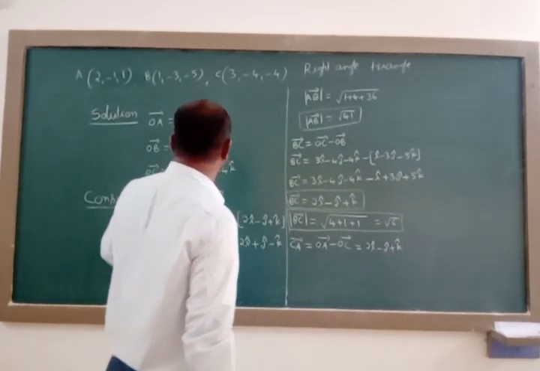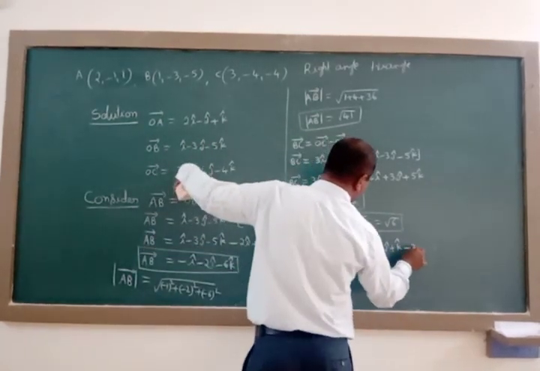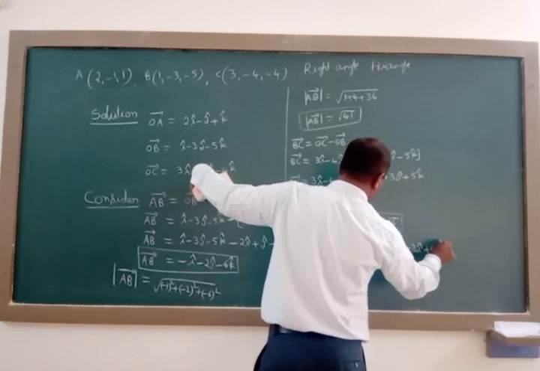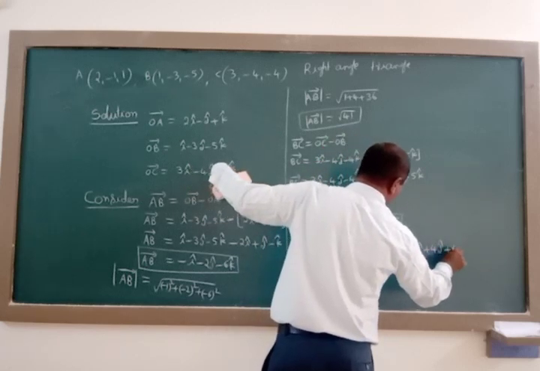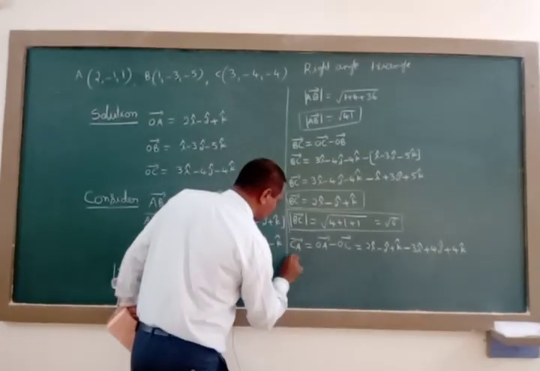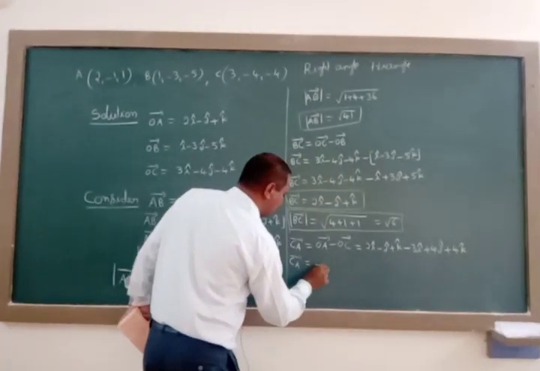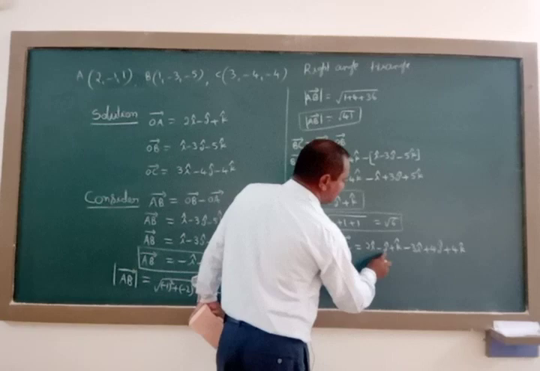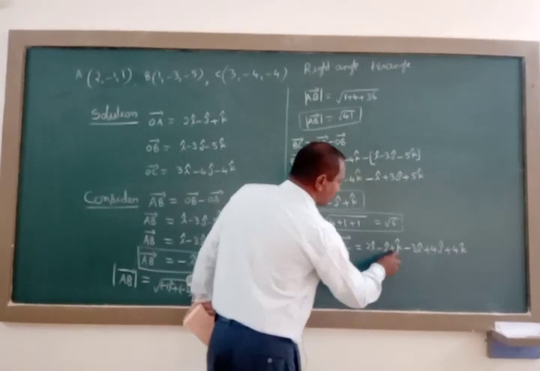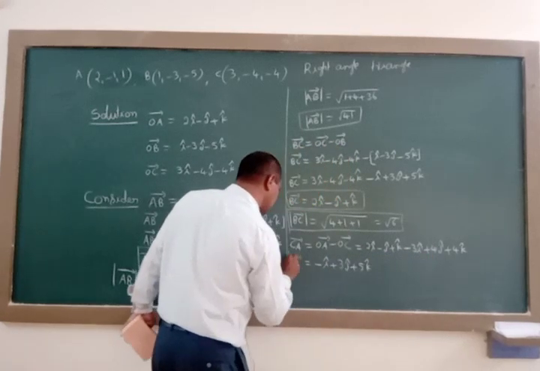Minus OC bar means minus of all these three, then all symbols will be changed here: minus 3i cap, minus to minus, plus 4j cap, minus to minus, plus 4k cap. Then CA bar is equal to 2i minus 3i, minus i cap, minus j plus 4j, plus 3j cap, k plus 4k, 5k cap. This is the CA bar.